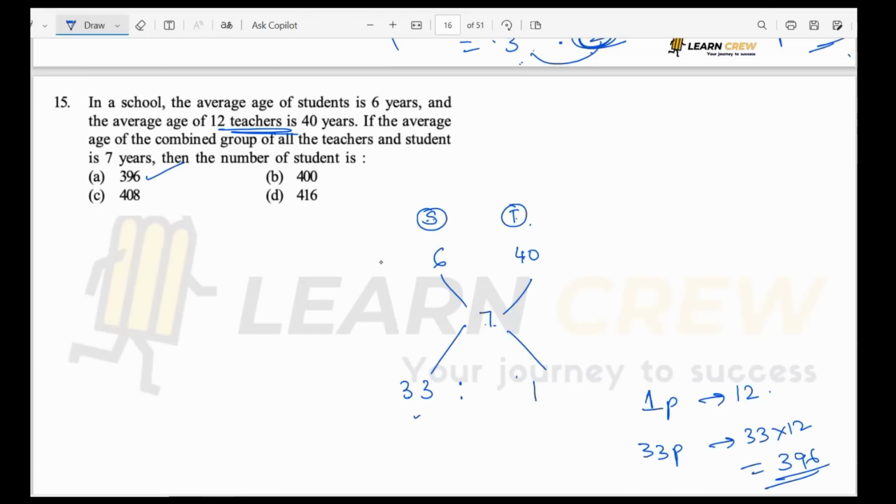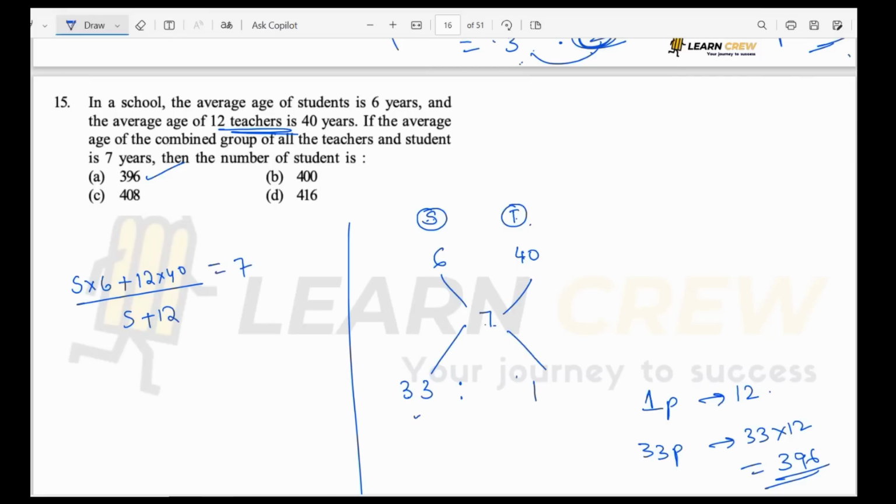Traditional method, same thing, the same story. The number of students you don't know. So N1 into A1 plus N2 into A2 by N1 plus N2 is equal to 7.